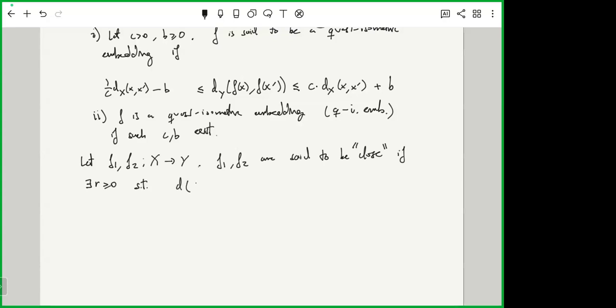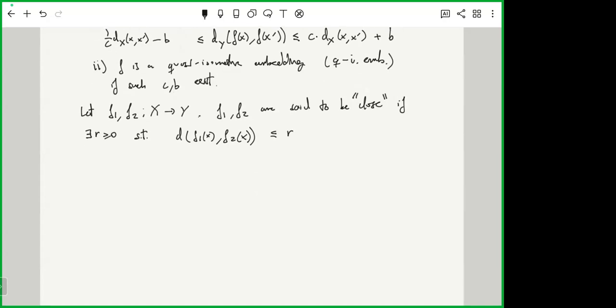So the supremum distance between them is finite. That's the same thing. So this is what it means for them to look the same from far away.